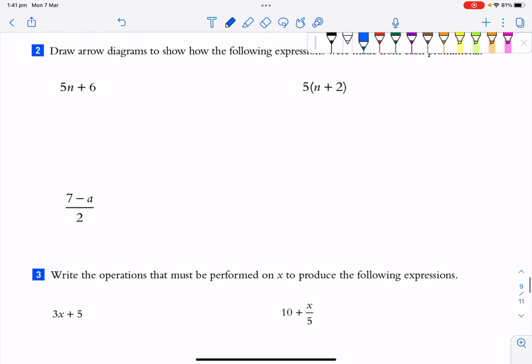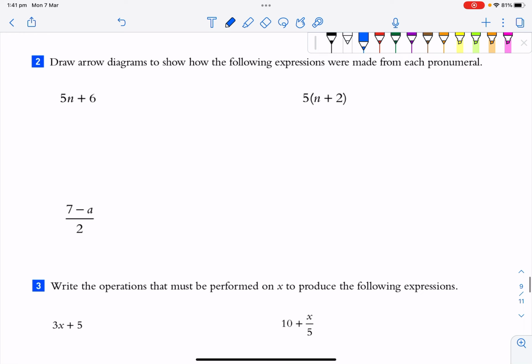Question 2 requires you to draw those diagrams that we just witnessed above. So start from somewhere and then create the result. And we generally start with the letter or the pronumeral. So we're going to start with n. So we have n. And then we're going to move across to the next thing. We're going to create 5n.